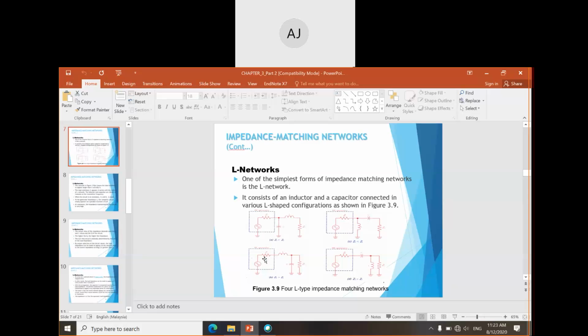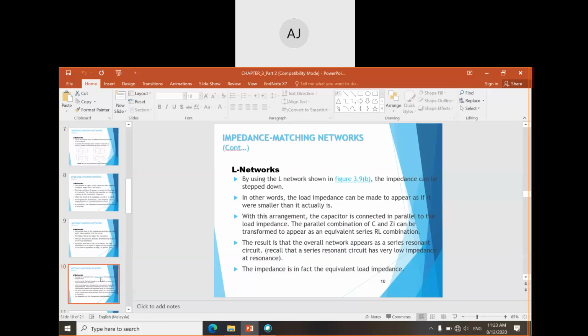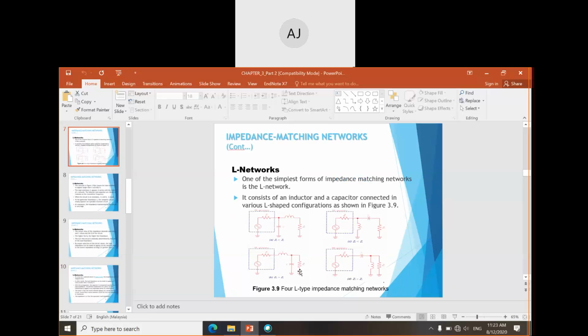What happened here is this combination will reduce the Z load value, lower than the Z in. It is good. We need to remember that Z load should be lesser than Z in.